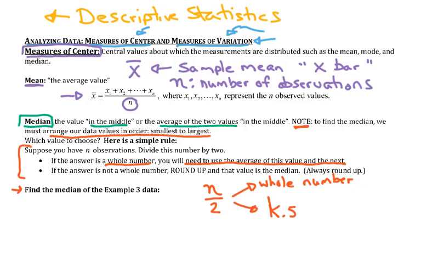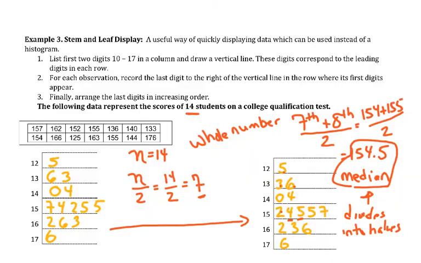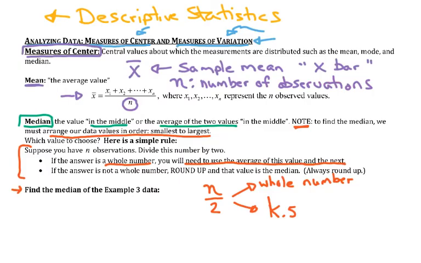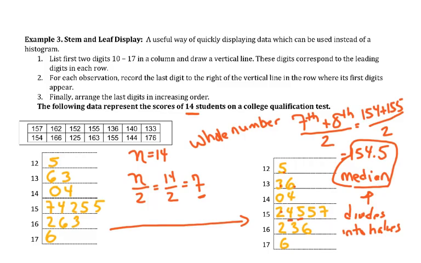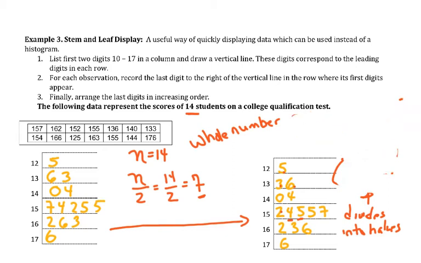Now, what do I mean by this second part? If it's not a whole number, round up, and that value is the median. Well, excuse me, let's go this way. Let's look at this example, and now pretend that I have one more observation and see what would happen.